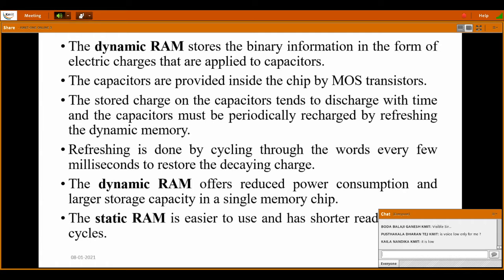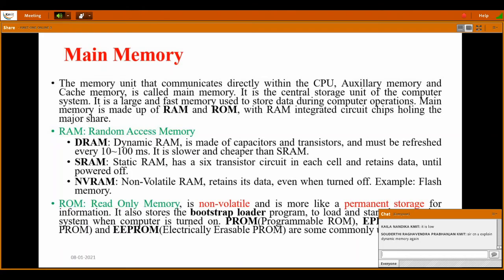Refreshing is done by cycling through the words every few milliseconds to restore the charge. The dynamic RAM offers reduced power consumption and larger storage capacity in a single memory chip. The static RAM is easier to use and has shorter read and write cycles in main memory.